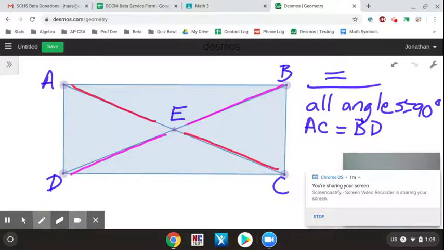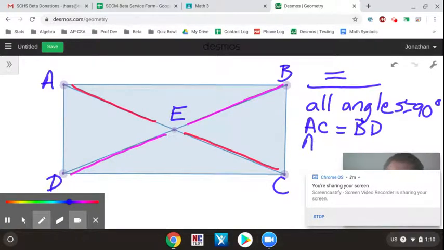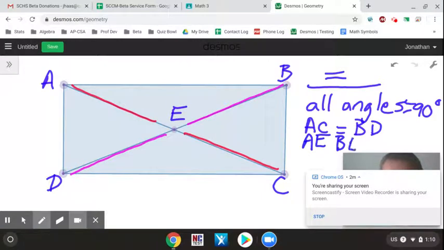Since the whole pieces are equal and each is divided into two equal pieces, it's kind of like you have two medium pizzas. If you cut them both in half, all four halves are equal. So it's also true that any of those four subsegments, AE, BE, CE, and DE, are all equal.